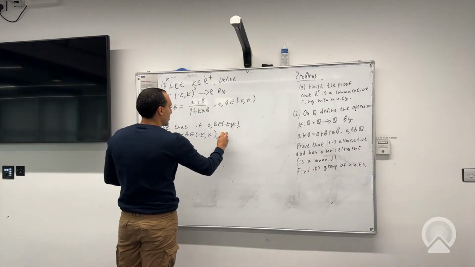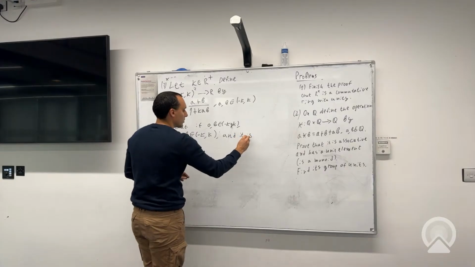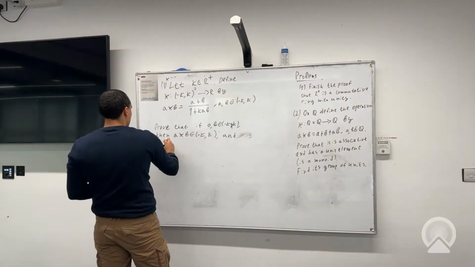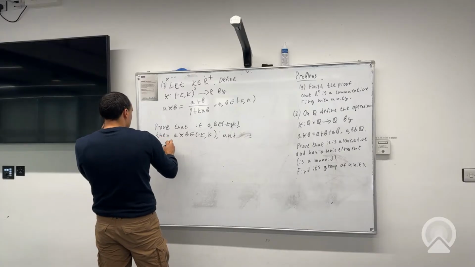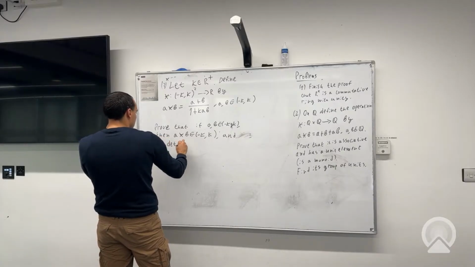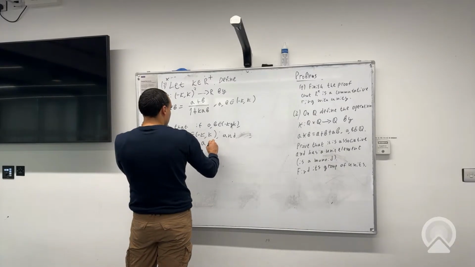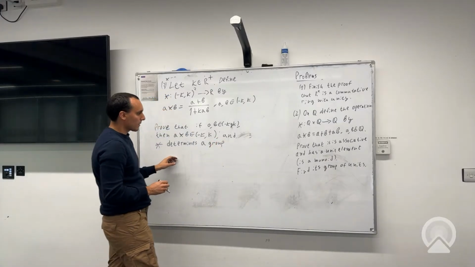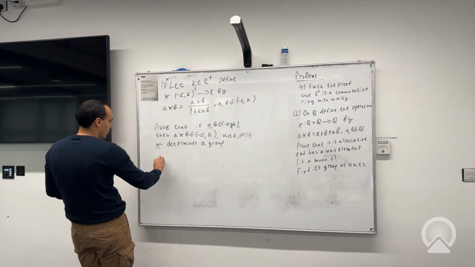And it is a group. So star determines a group. So you need to find the units and the inverses.